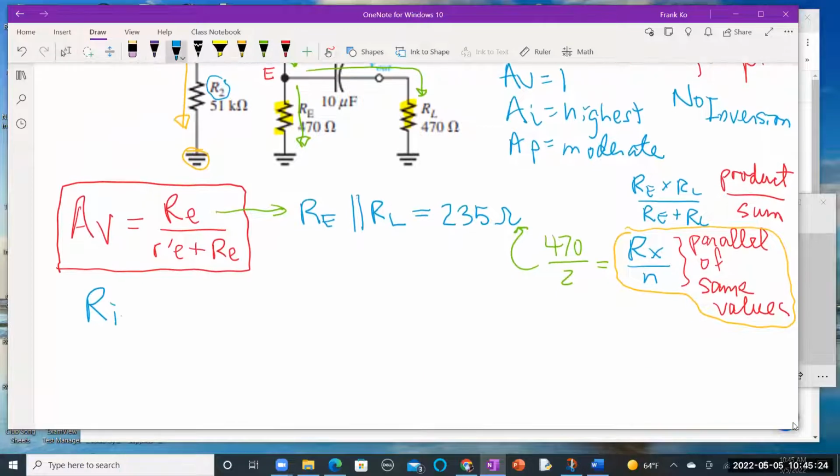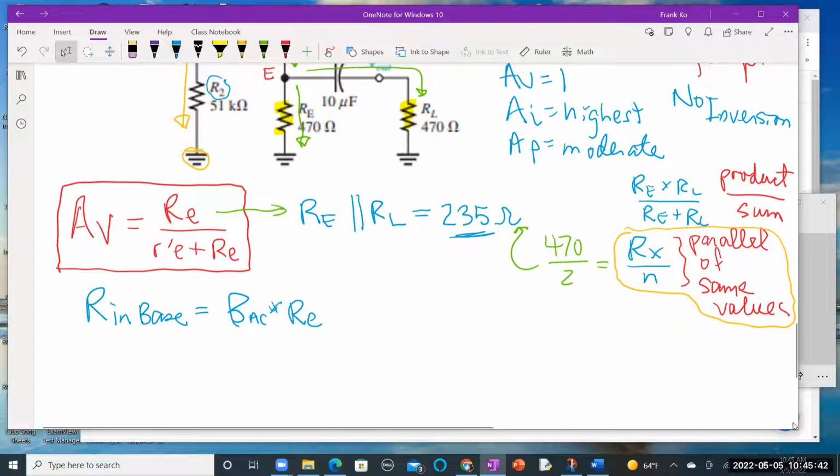So your R in base is very simply given as your beta AC, and this will be times your little re, which we calculated a moment earlier.